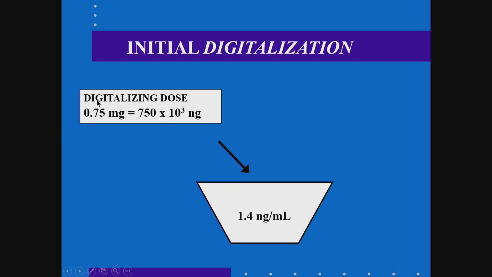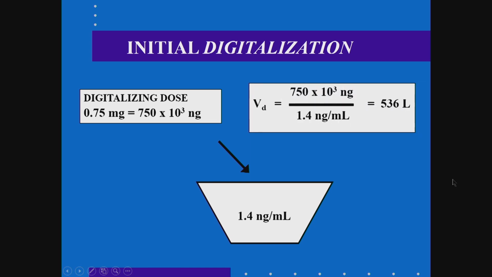You see here we are doing our proper dimensional analysis in terms of the dose that was administered, the measured concentration in plasma in terms of nanograms per ml, and then applying that principle, the dilution principle, if you will, we have now our dose in nanograms per ml, our concentration in nanograms per ml, and we have this rather large volume, apparent volume of distribution of 536 liters for digoxin.